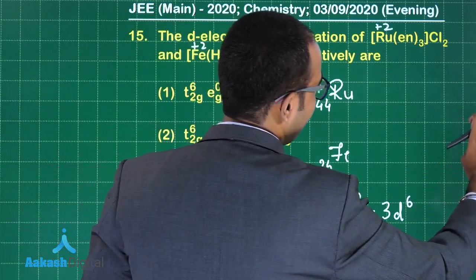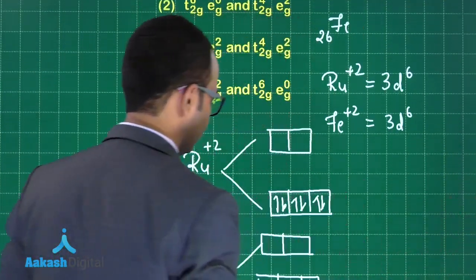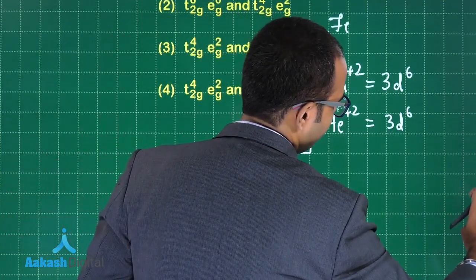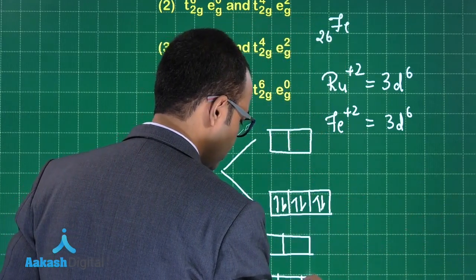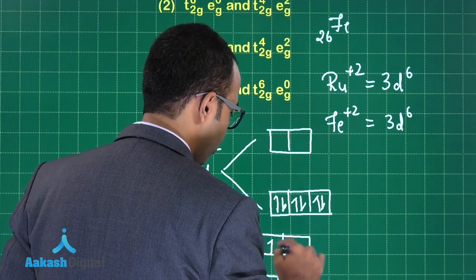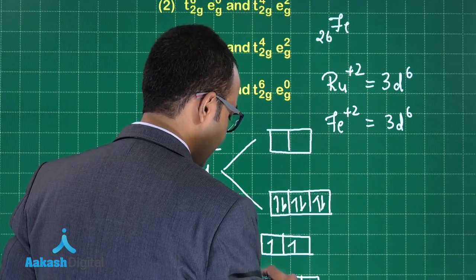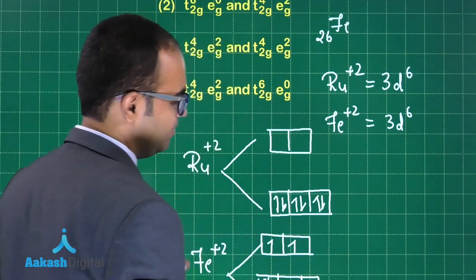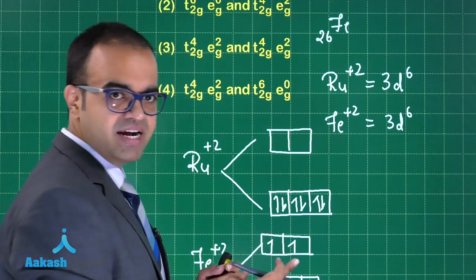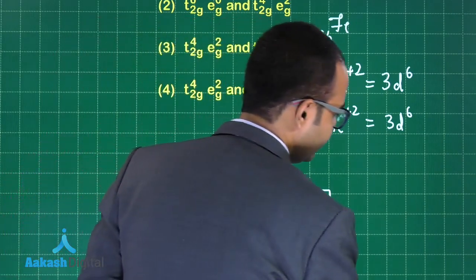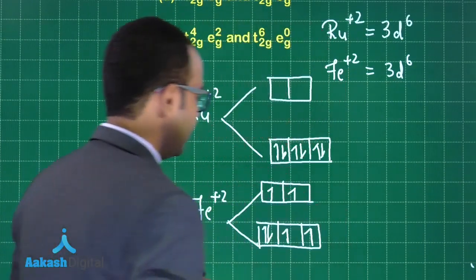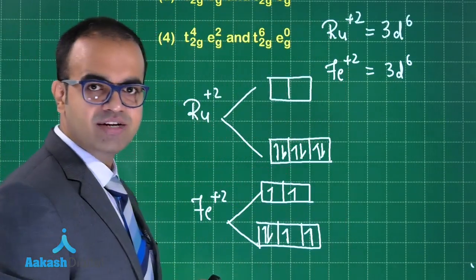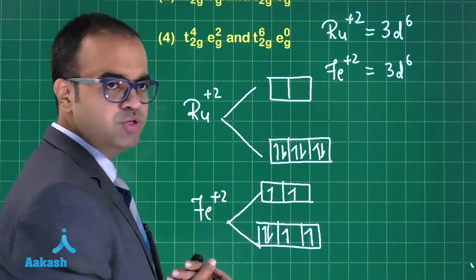If it is a weak ligand, then how will I put the electrons? I'll put the electrons as 1, 2, 3, 4, 5 and 6, right? So in the t2g I have 4 electrons and in eg I have 2 electrons.